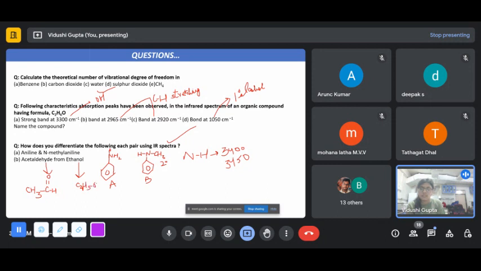So here you can clearly differentiate. See, here also CH stretch will be there, here also CH stretch will be there. So what will be the differentiating factor? OH stretching at 3300. Okay. And what about acetaldehyde?